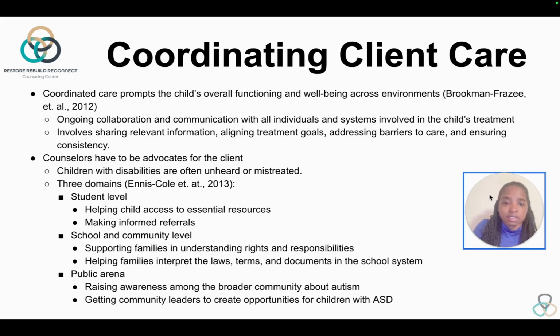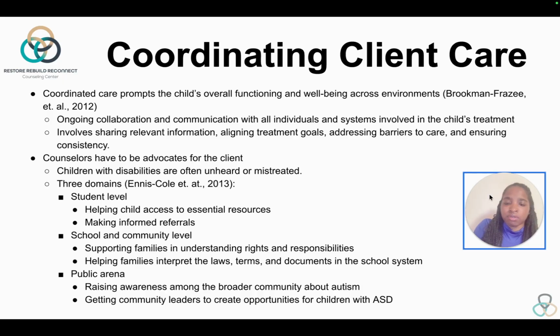The next consideration is coordinating the client's care. So coordinated care is really important in promoting the client's overall functioning and well-being across different environments. And what I mean by coordinating the care is ongoing collaboration and communication with all individuals and systems involved in the client's treatment.